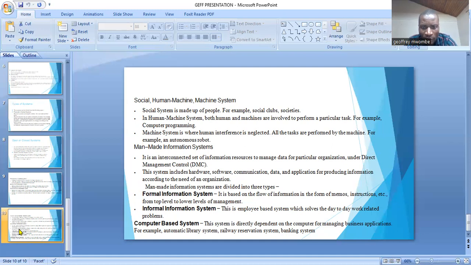A formal information system is based on the flow of information in the form of memos, instructions, etc., from the top level to the lower levels of management. And we have the informal information system. This is an employee-based system which solves the day-to-day related problems.